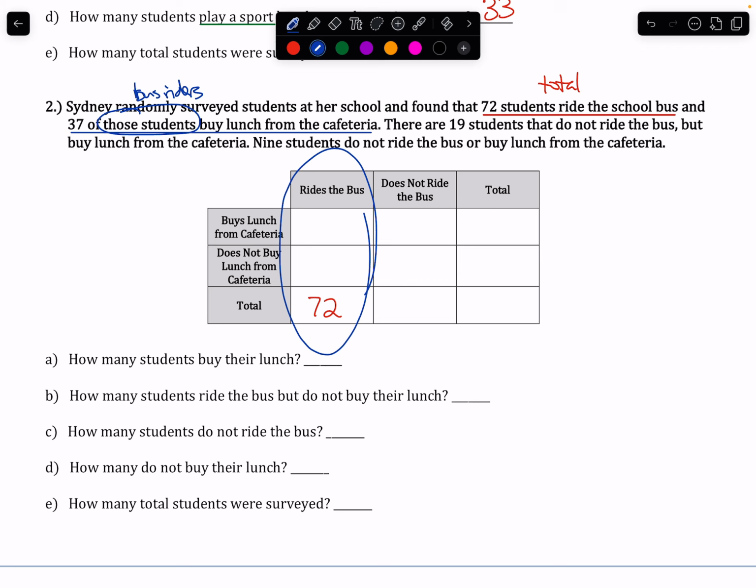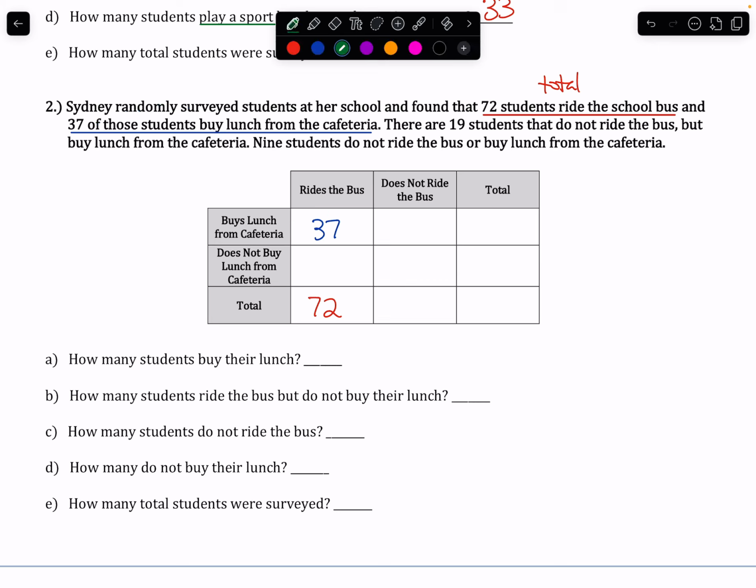So now we need to find buys lunch from the cafeteria and rides the bus. We can see those meet in the top left box here, and so that'll be our 37. Those are the students who ride the bus and also buy lunch from the cafeteria.